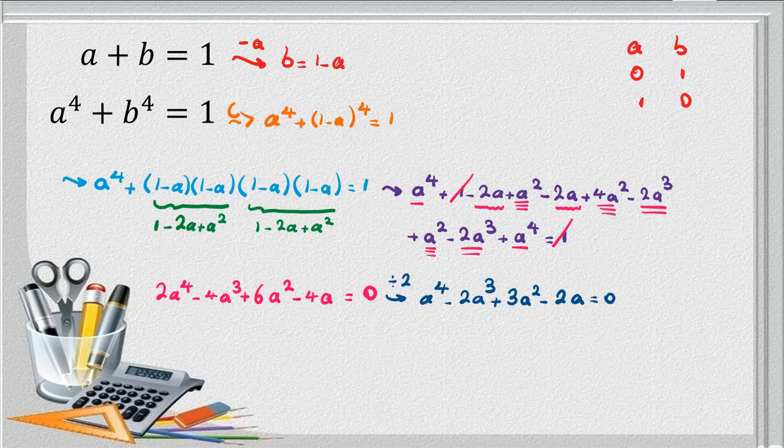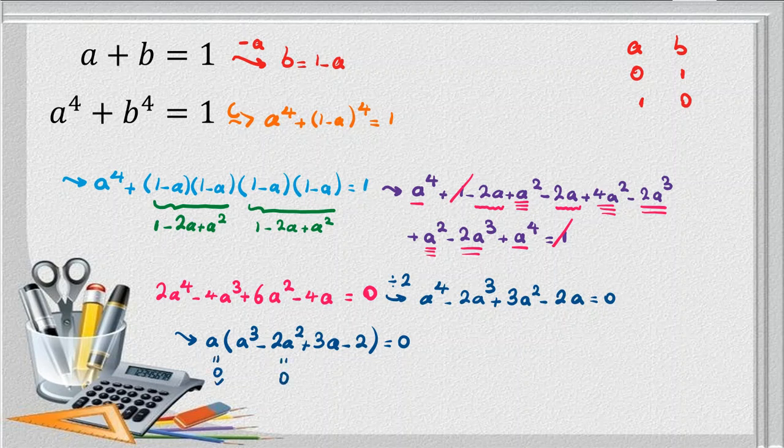Then we factor out A. It will be A times (A cubed minus 2A squared plus 3A minus 2) is 0. Okay? Now, we know that A can be 0. First part is 0. We've checked this in the beginning of the solution.